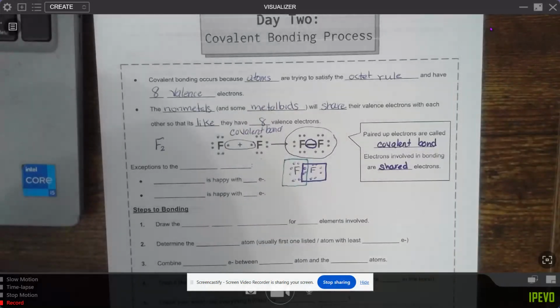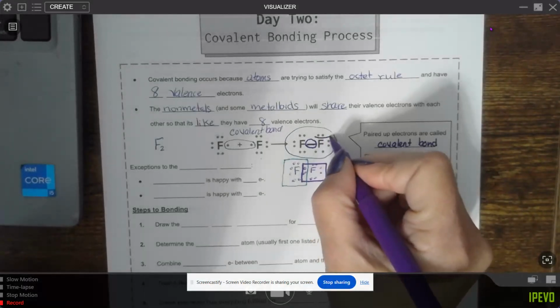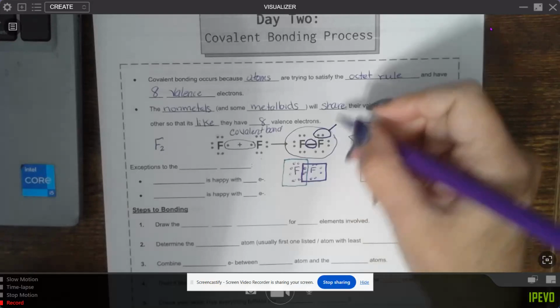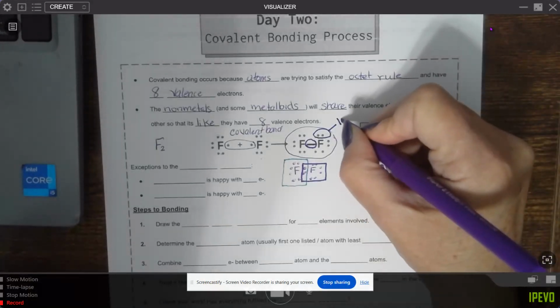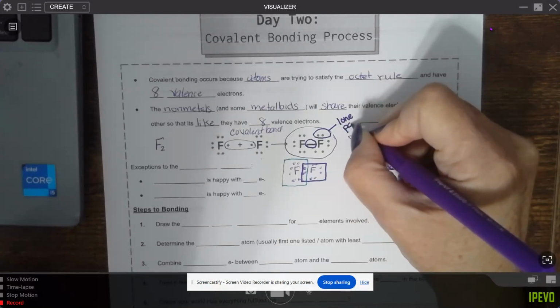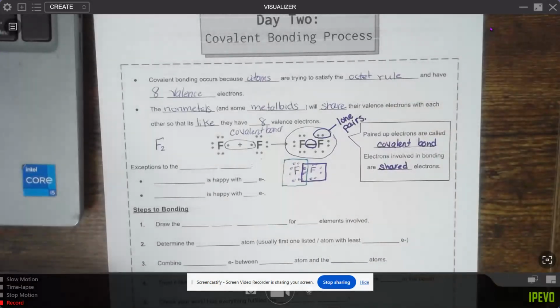And then another term that we'll get to eventually: the electrons that aren't involved in a bond are called lone pairs, and that'll become important later this week.